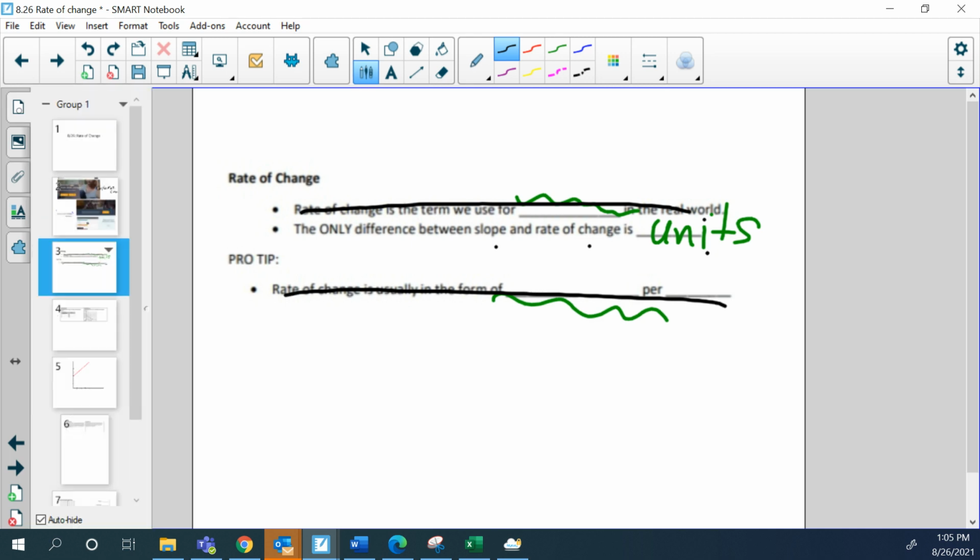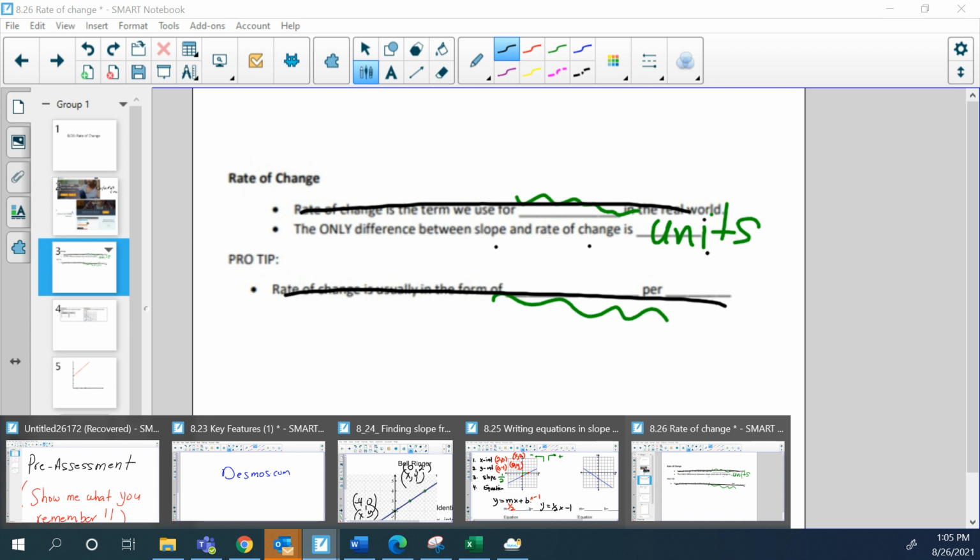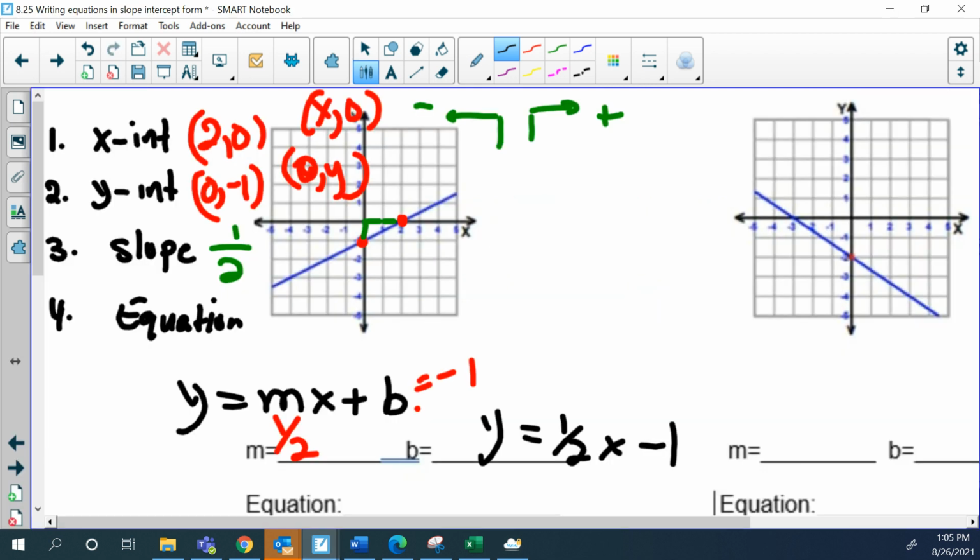Okay, so before I go into some examples, let's look at this right here. On this graph to my right, if you notice, we have the x-axis and the y-axis, and so when we find the slope, it doesn't have any units on it.